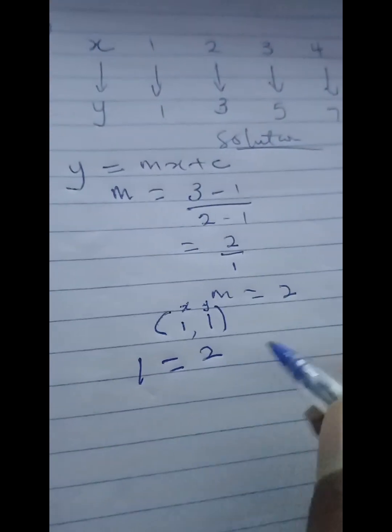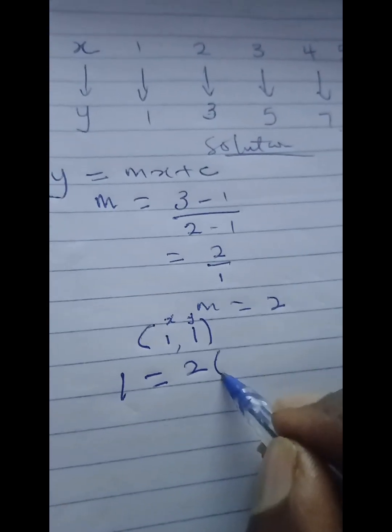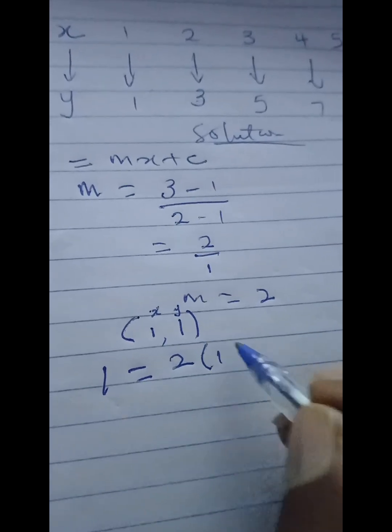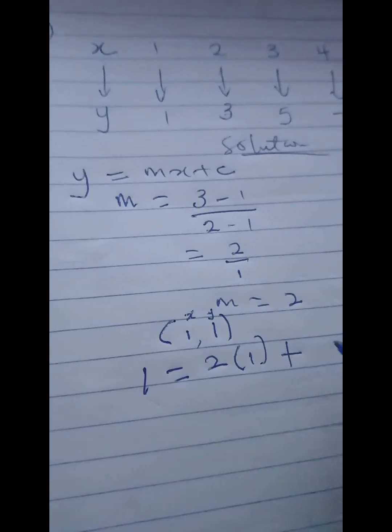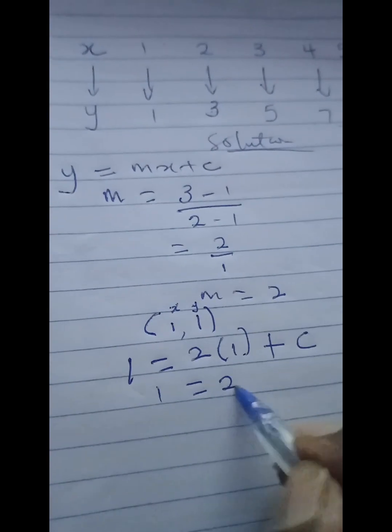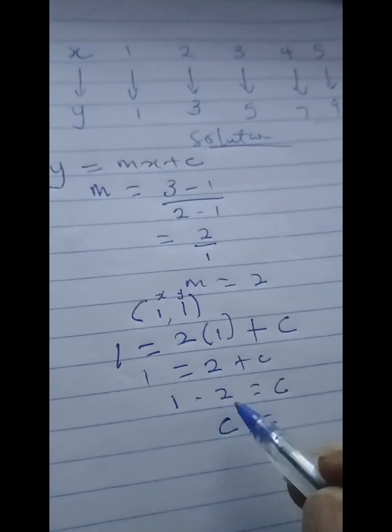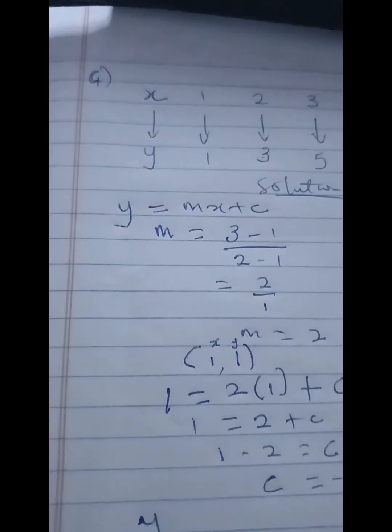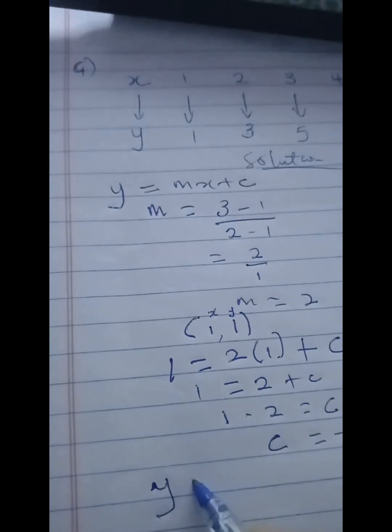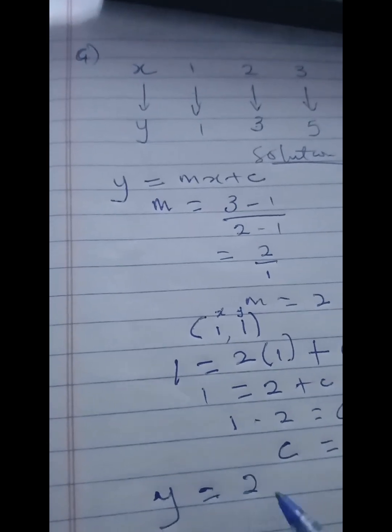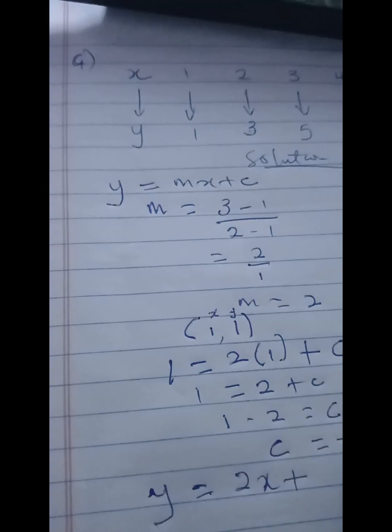So our y, which is now 1, so 1 is equal to, now the value for m is 2, so 2 multiplying x, our x is now 1, plus c. Now I can see that my rule for this mapping is that y is equal to 2x plus c, which is minus 1.